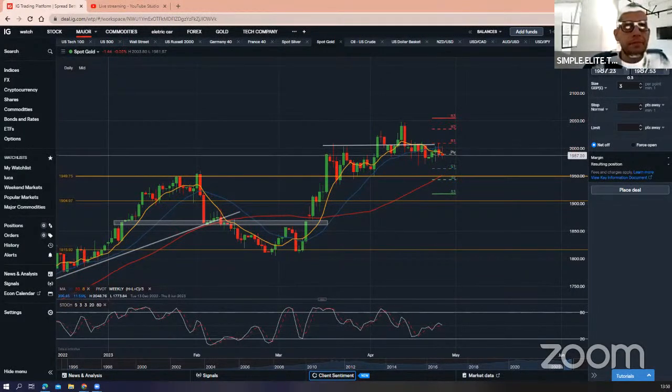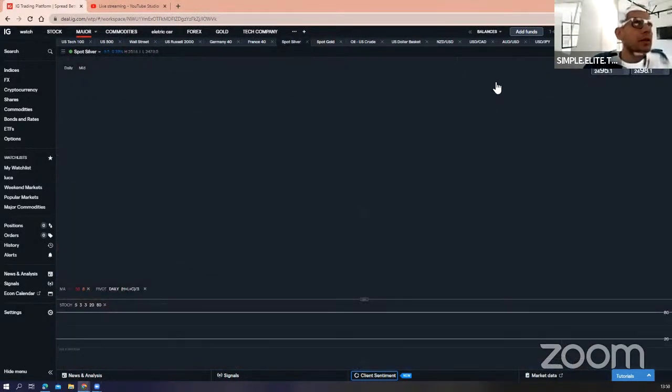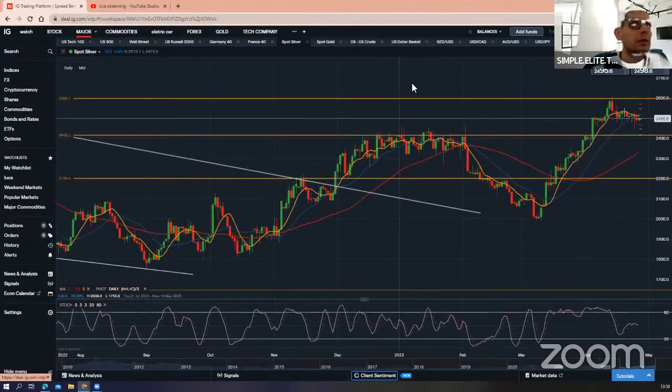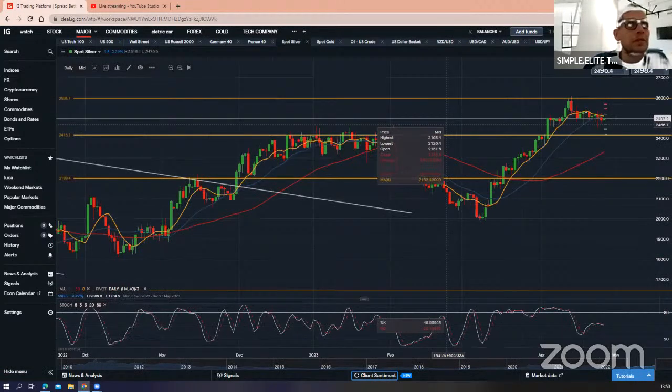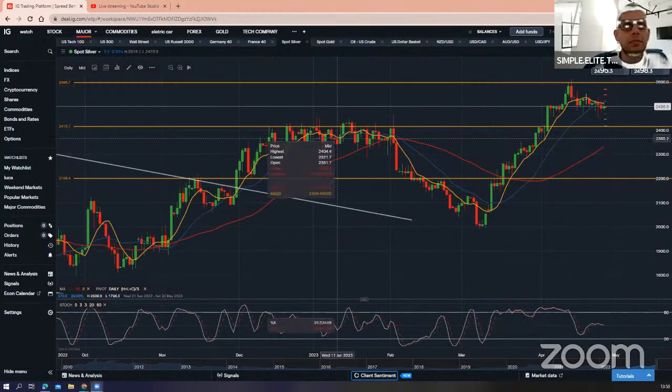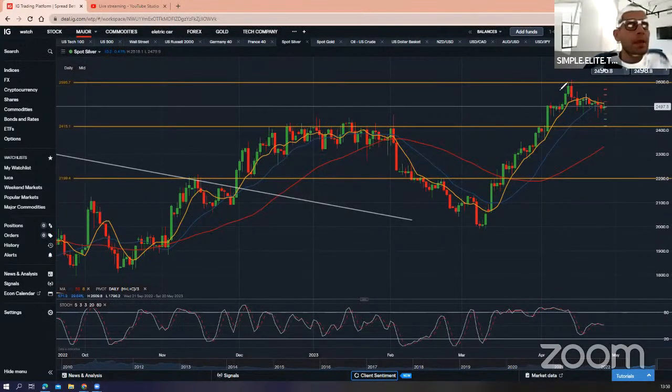And silver was approaching the 26 as well, but now is ranging. So price action is not that clear, because if we see often approach the 26, price is just ranging. So when it's not clear, I'm not interested to trade.